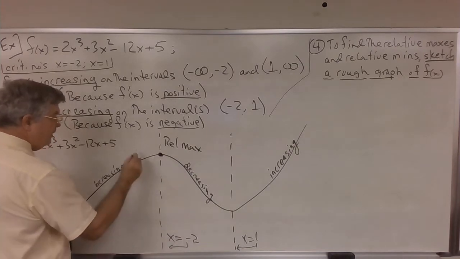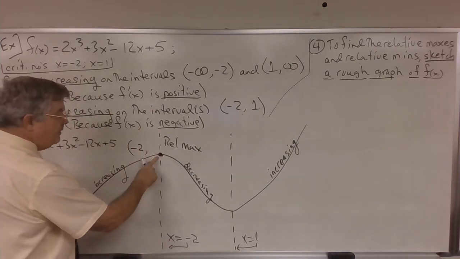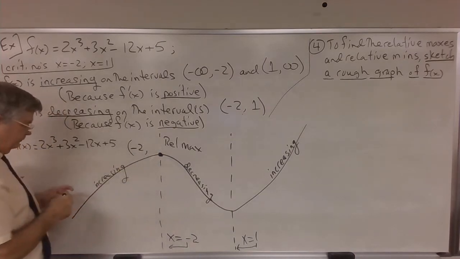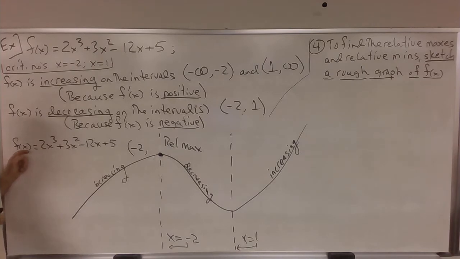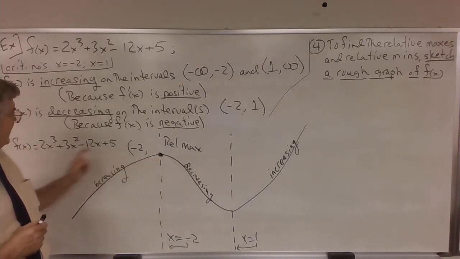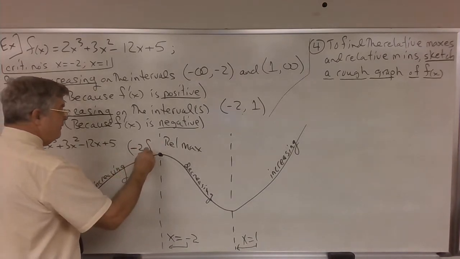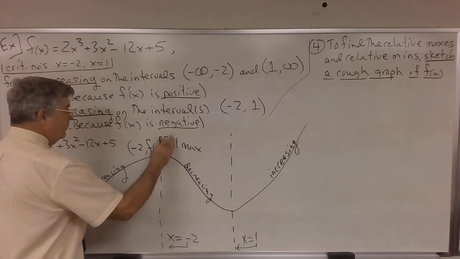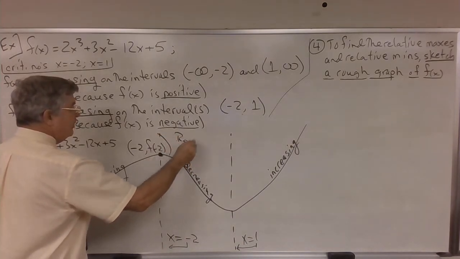And this is x equal -2. And the y coordinate of this point, let's see. This is the graph of f of x, right? So the y coordinate of this point is f of x evaluated at -2, and I'll write f of -2. So that's my relative max.